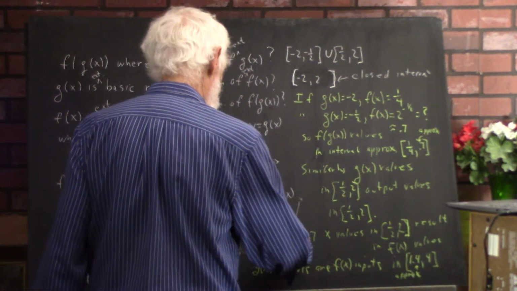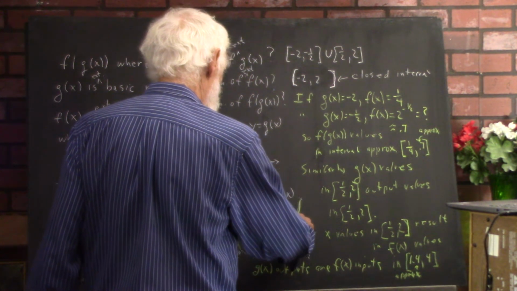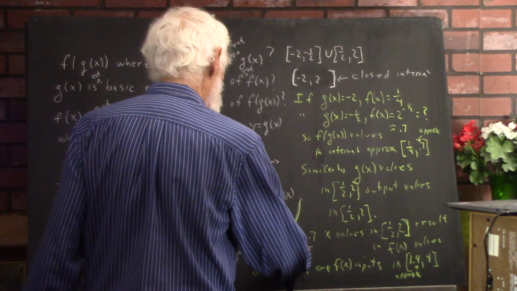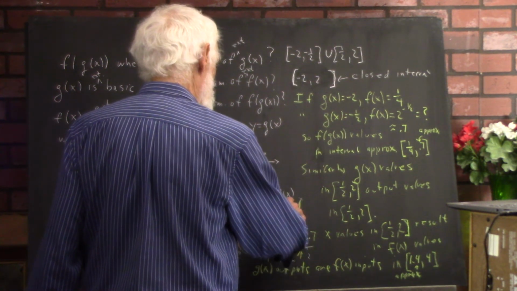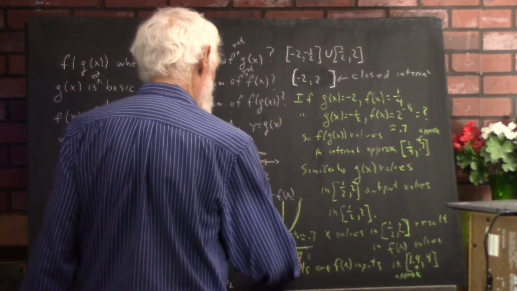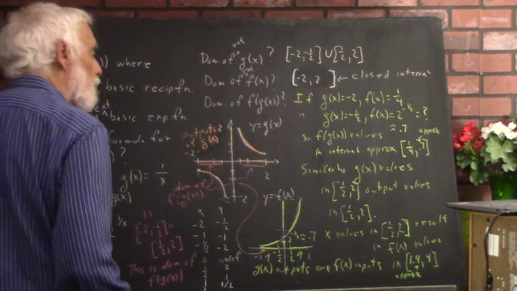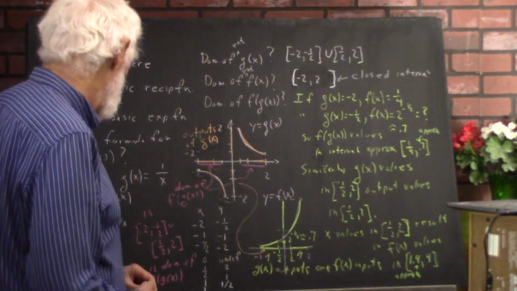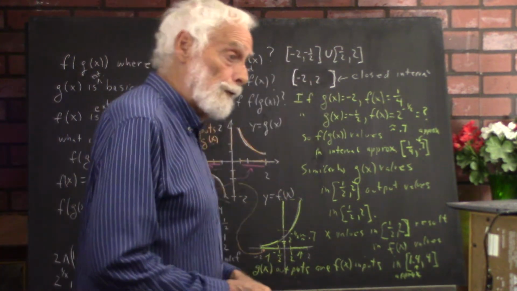And f of x then will act on those numbers and output numbers from here up to here and from here up to here. Every number that comes out of g of x works in f of x.